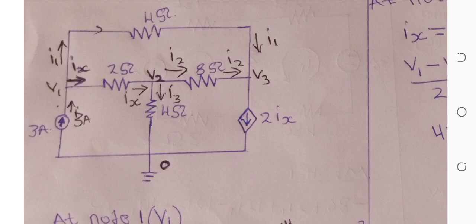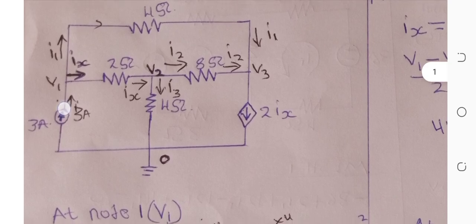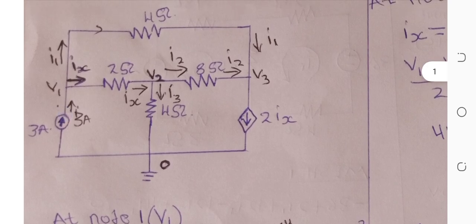So these 3 amps, as you can see, is the current that is moving here. We have a current source that is 3 amperes. So we have 3 amps getting in. Then we have I1 and Ix going out.